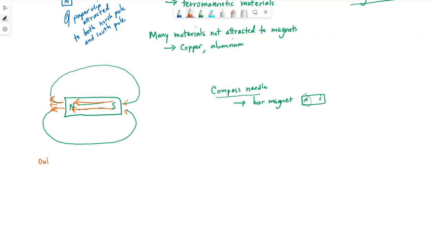So outside the magnet, the field points north to south. Inside, it points south to north. Something that is also different from electricity is that these magnetic field lines are continuous.